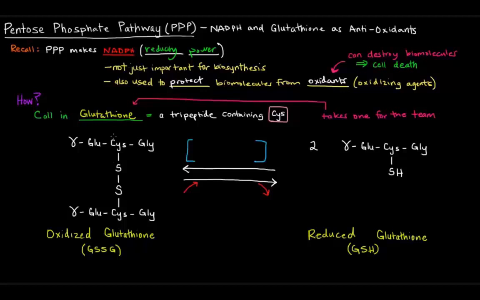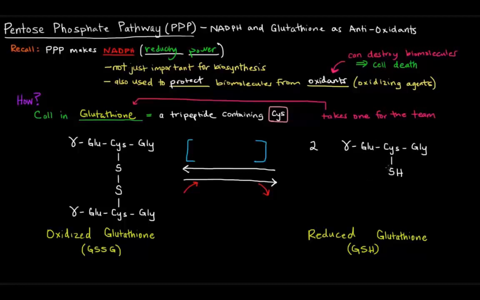So basically what happens is that glutathione takes one for the team. What do I mean by that? When glutathione is in its reduced form, it can be oxidized, right? So if an oxidant comes in, an oxidizing agent comes in, reduced glutathione will say, okay, cool, let me get oxidized instead of these other important biomolecules.